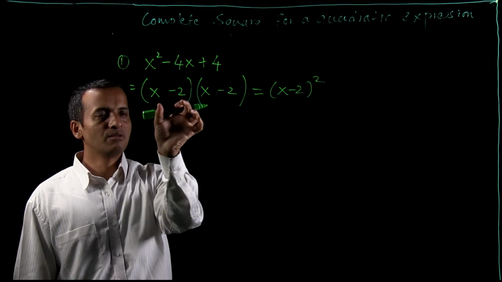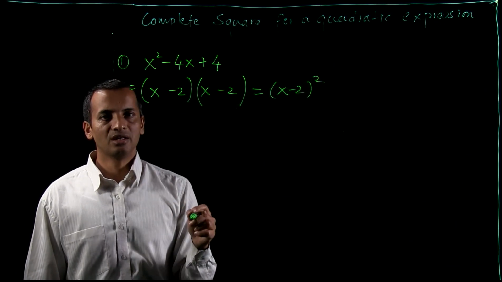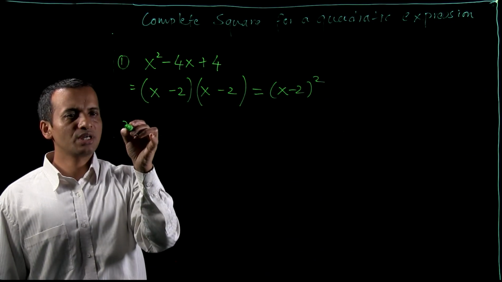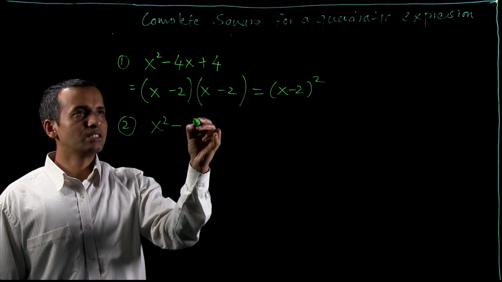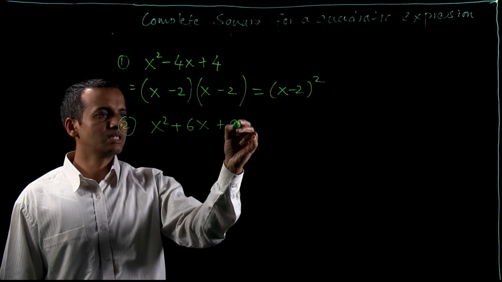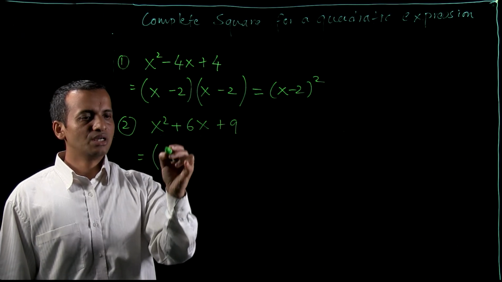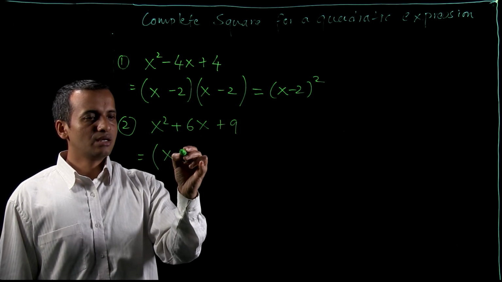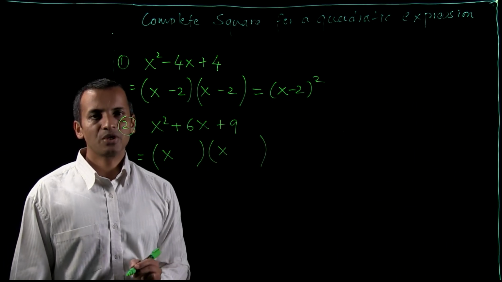Because you have two of the same factor, if you multiply, you get the square. Let me give you one more example of that type. Suppose you have x squared plus 6x plus 9. What are the two factors here? You write x in each parenthesis.